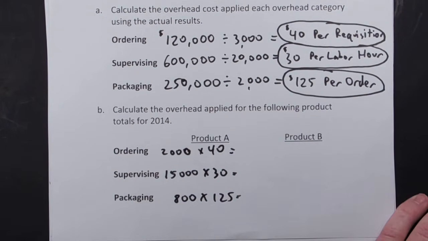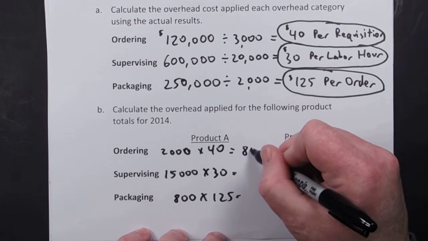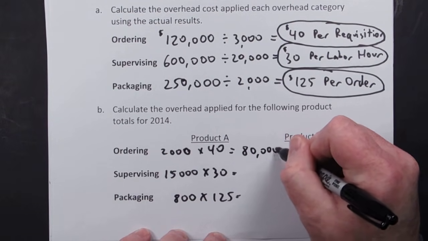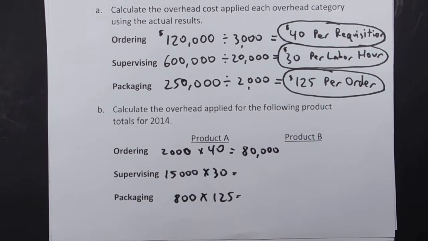So 2,000 times 40 is going to give us 80,000. $15,000 times 30, 450,000.